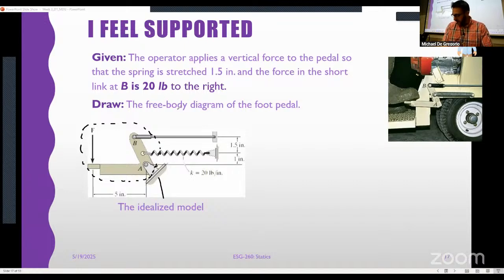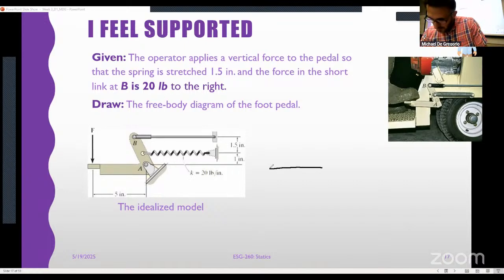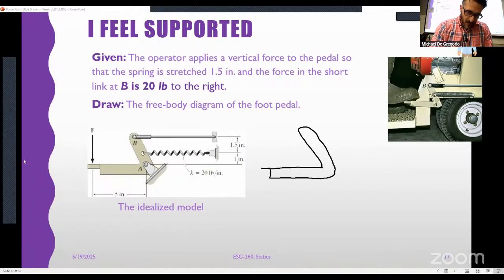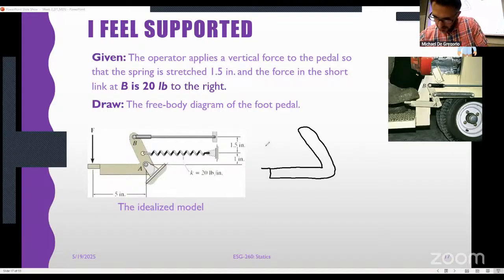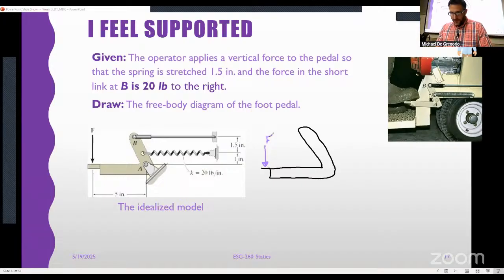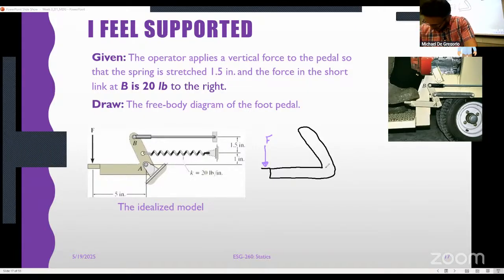Let's draw the FBD. Here's my force, F. We have to have our reactions.